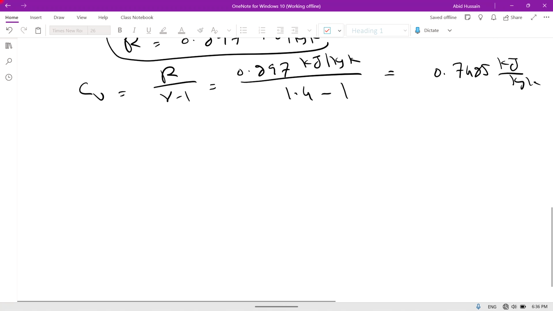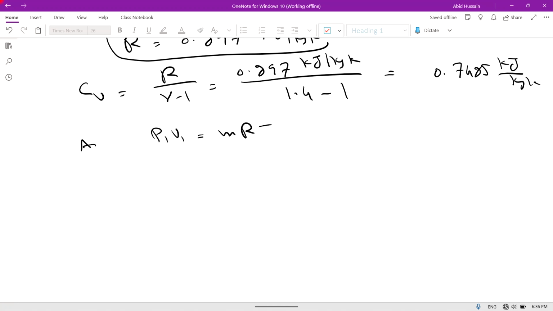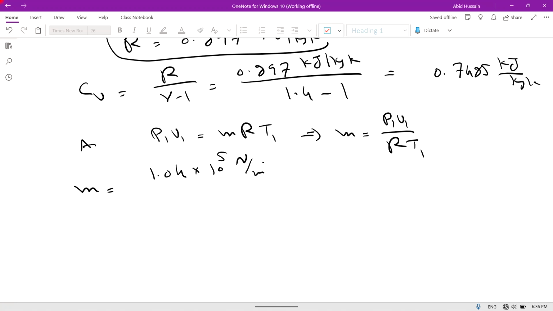Now we can find m, as we know that P1 V1 is equal to m R T1. So m is equal to P1 V1 divided by R T1. Putting in values, P1 is 1.04 bar, and 1 bar is equal to 10 power 5 Newton per square meter.